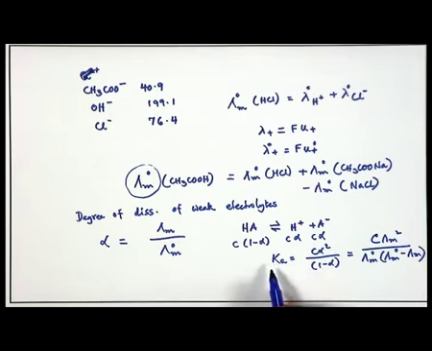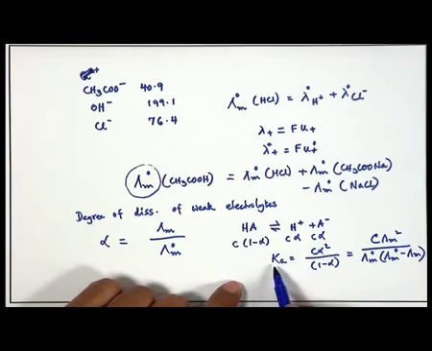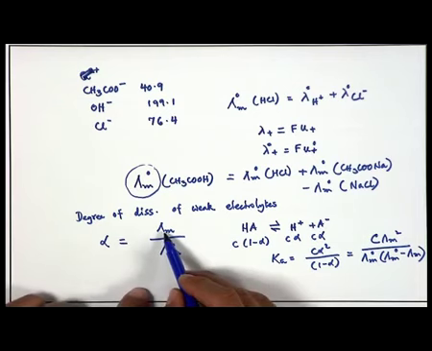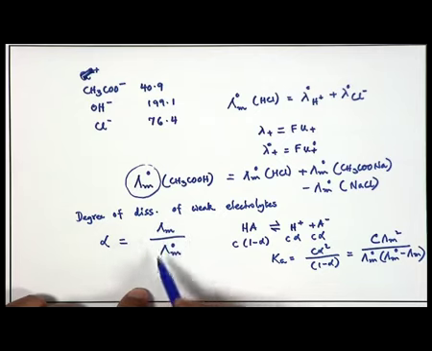So, that will furnish Ka, that is the acid constant for a weak acid. Lambda m means it is at some concentration. You will get this number experimentally from the graph.